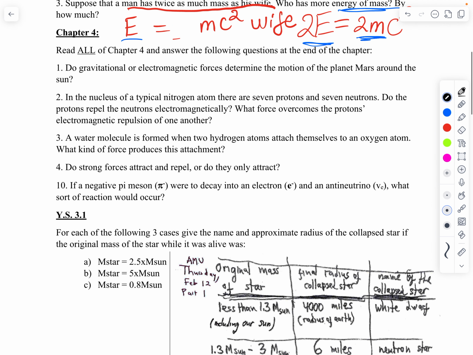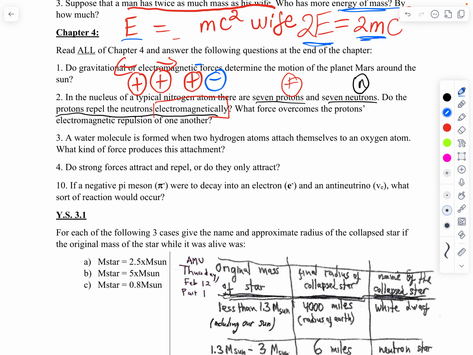All right. A nucleus is typically 7 protons, 7 neutrons. Two protons repel. So remember, neutron, neutral, no charge. And protons have a plus charge, positive charge. So electromagnetic force is like charges repel, opposite charges attract.